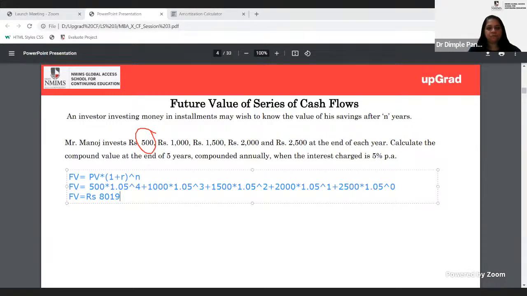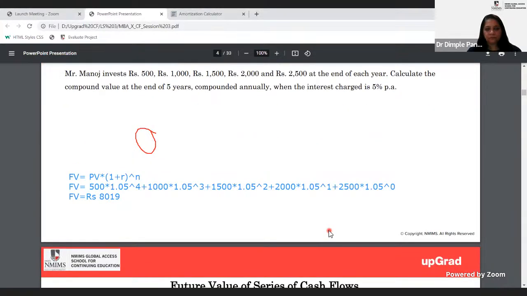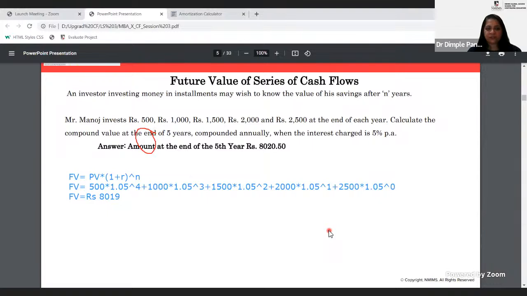Do we agree with Ganesh? Let's see. Perfect. Ganesh has said 8,019. So the answer is 8,020, which is absolutely right.